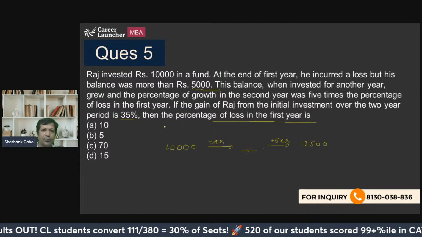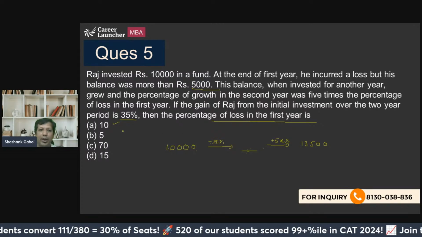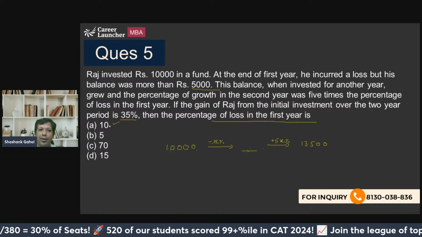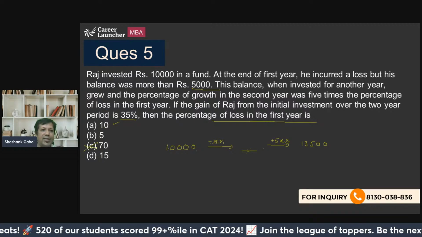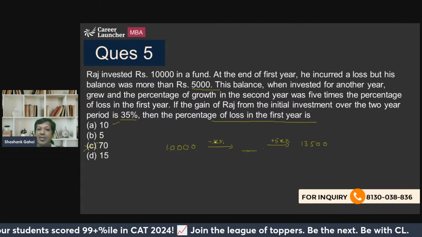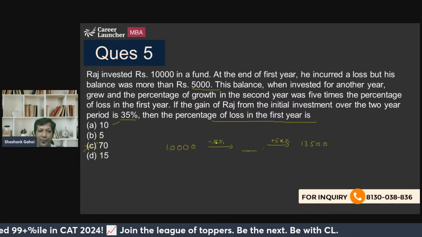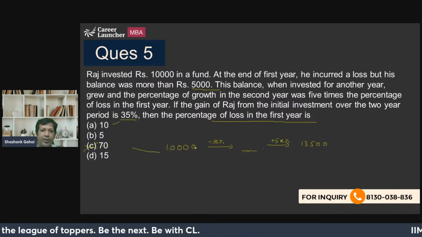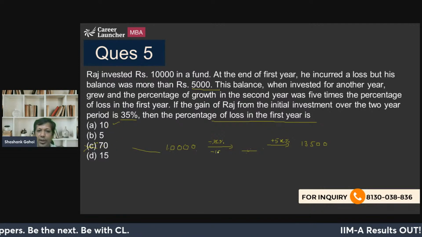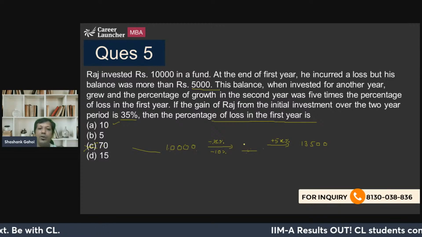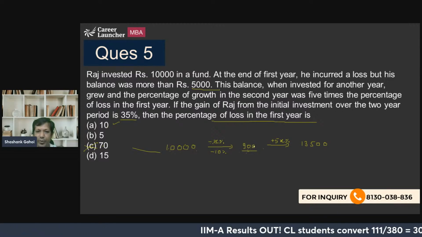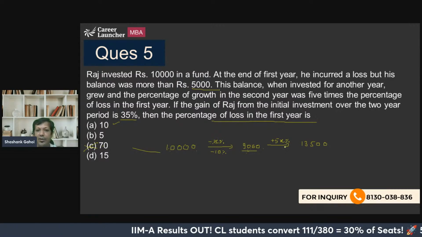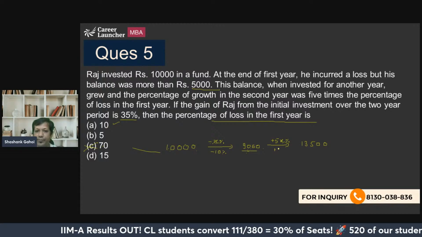Okay. Let's take, I'm just directly taking option A, and C is directly rejected because X is 70 and this should be less than 50. So C cannot be the answer. Now I'm just checking with option 1. So minus 10%, 10% decrement. So this value comes out to be 9,000. Okay. So if X is 10, then this value should be 50.